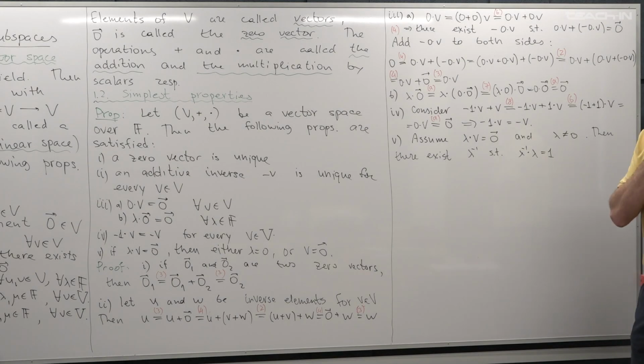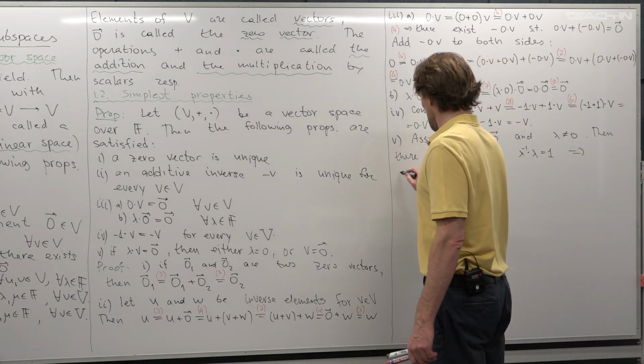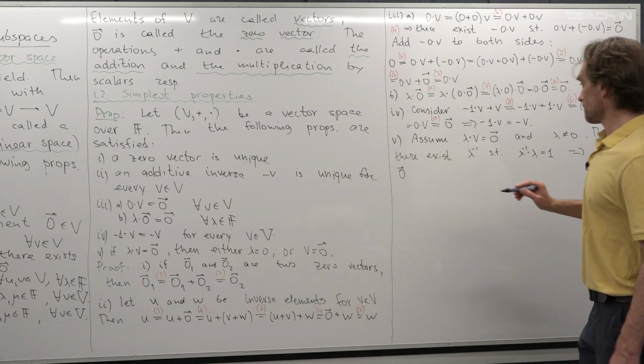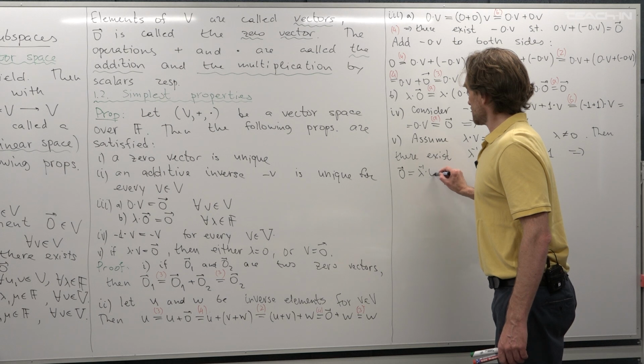I'm going to consider the 0 vector, and the 0 vector can be represented as lambda to the minus 1 by the 0 vector.